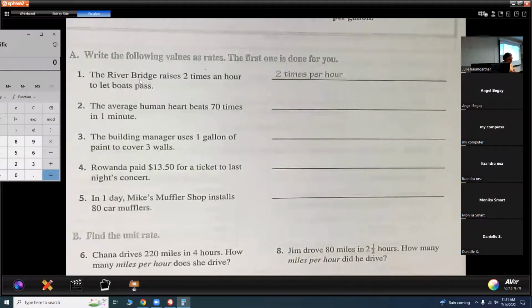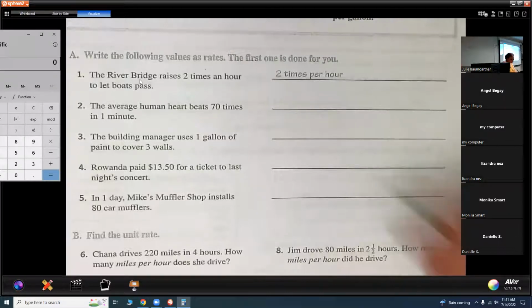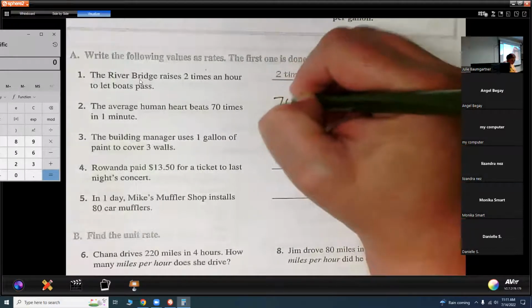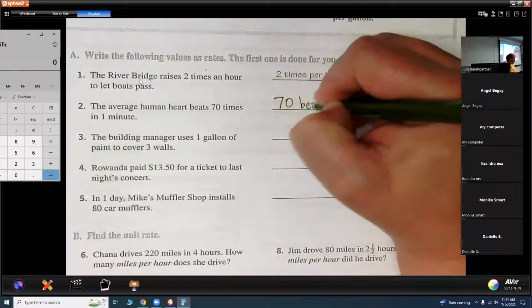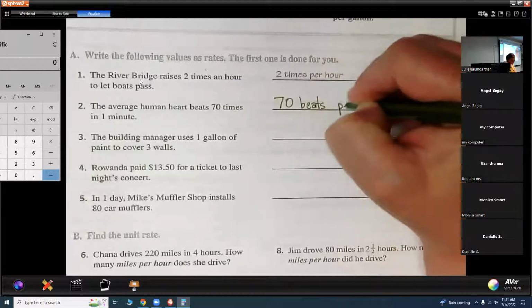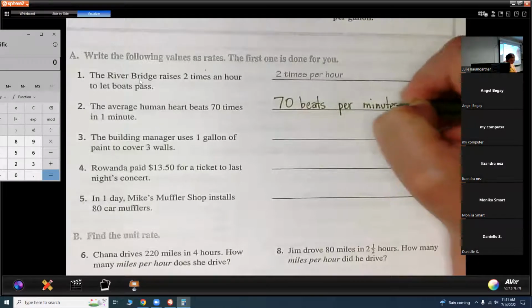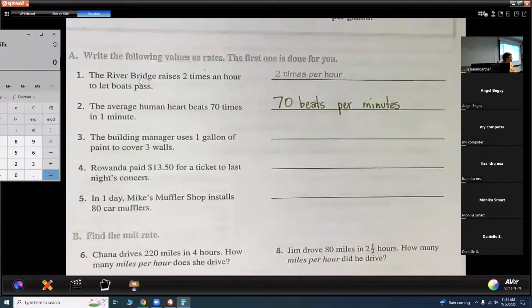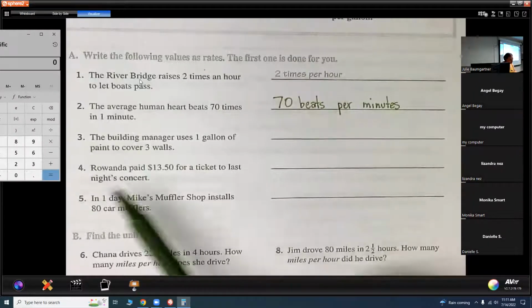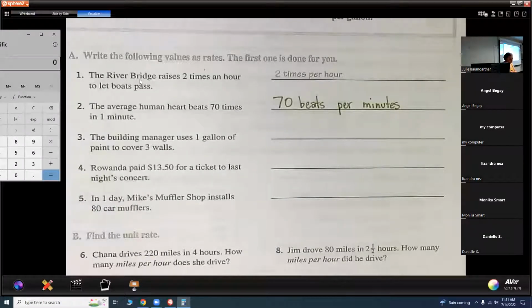So what would that look like as a rate? 70 beats a minute. Just kind of reimagining it. So the building manager uses 1 gallon of paint to cover 3 walls.